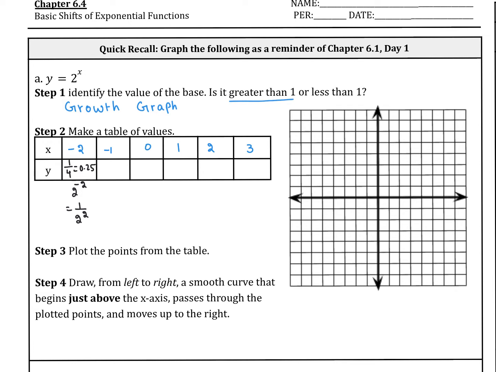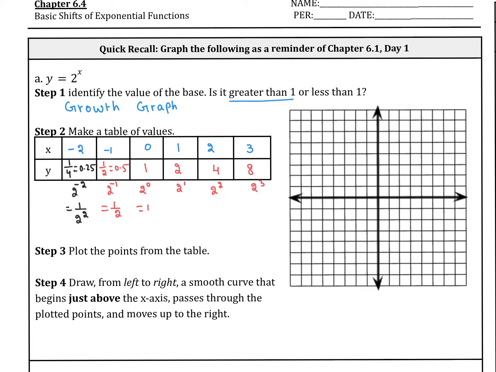Next, 2 to the power -1 is 1 over 2, and that's 0.5. 2 to the power 0 is always 1, and 2 to the power 1 is just 2. 2 to the power 2 is 4, and 2 to the power 3 is 8.